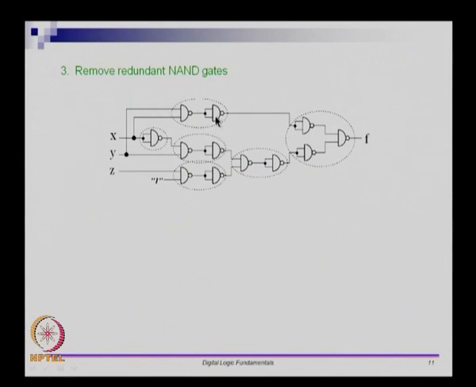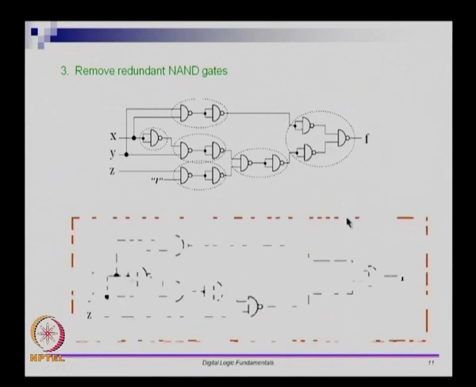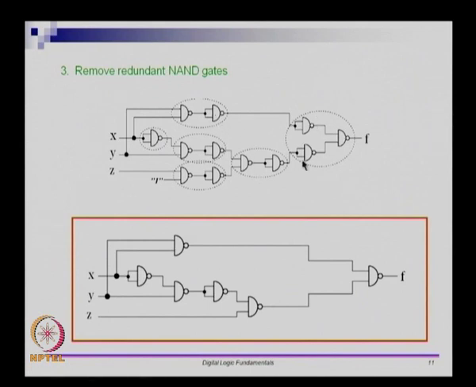Whenever we see an inverter followed by another inverter, we can remove those two inverters and connect them with a wire. So, in this picture, if you notice, this is an inverter and this is an inverter, but implemented using a NAND gate. So, this is a function which is doing inversion, and this is also another gate which is doing inversion. So, I take inversion and inversion here, inversion of inversion is just the wire itself, I can remove that. There are other places where you can do the same thing.